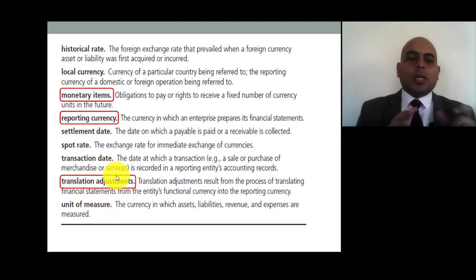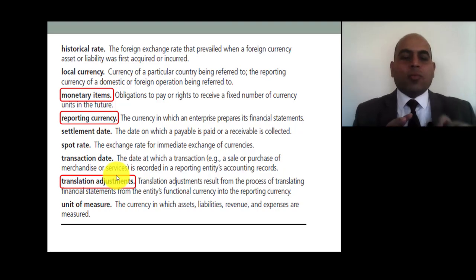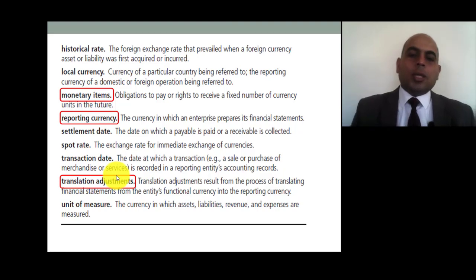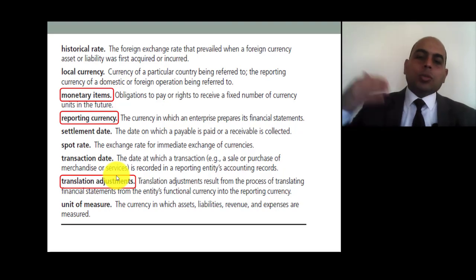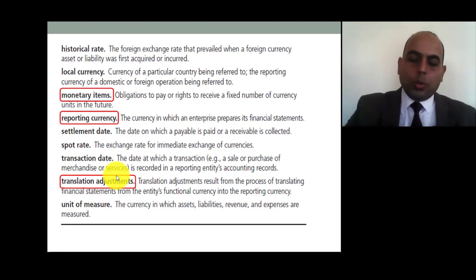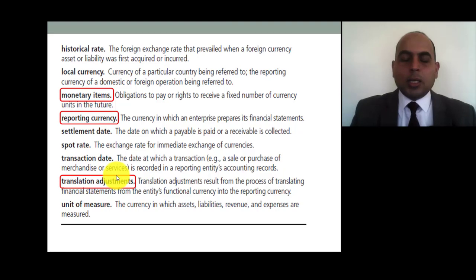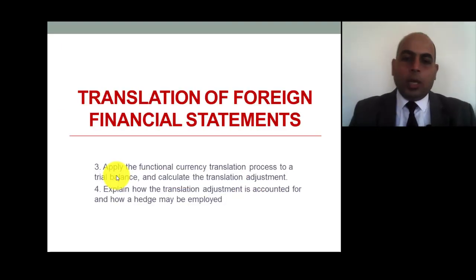As we translate or convert the items from Egyptian pound to US dollar or to Jordanian dinar, we will figure out a difference between the amount and the translated amount because of the changing of the exchange rate. This difference we call a translation adjustment, and depending on the approach or method we use, we will categorize it as period income or loss or as other comprehensive income.